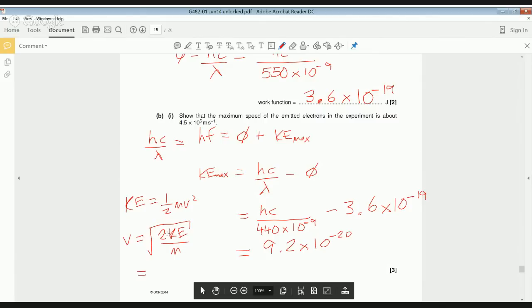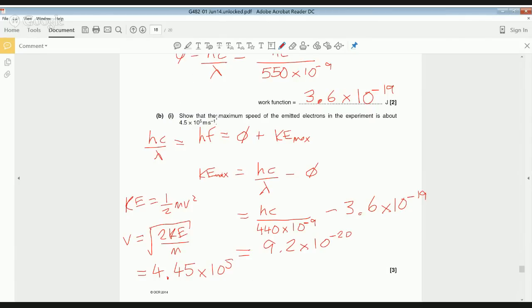So we can plug in 2 multiplied by the kinetic energy, divided by 9.1 times 10 to the minus 31. Remember to take the square root of it. And at the end of all that, you end up with 4.45 times 10 to the power of 5. Which is, as it's a show that question, pretty much spot on.